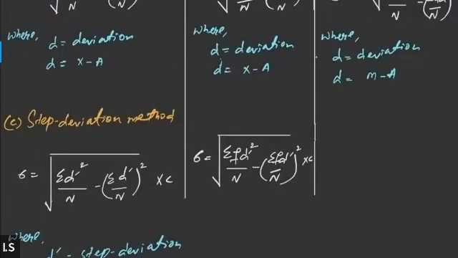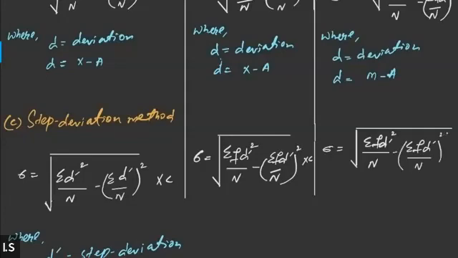Now in case of continuous series as well, the formula almost remains the same. Common factor will also be outside the under root this time as well.